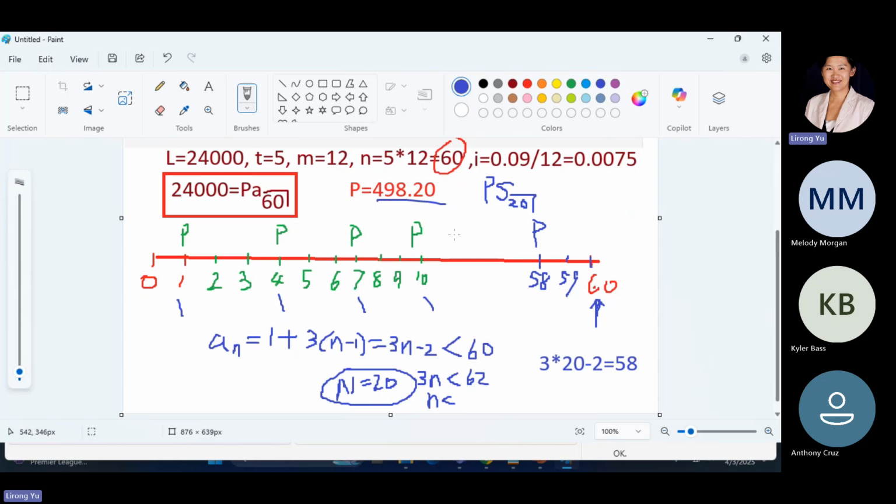If we're using the S formula, the annuity-immediate formula, the calculation this way will only give you the actual value at time 58.